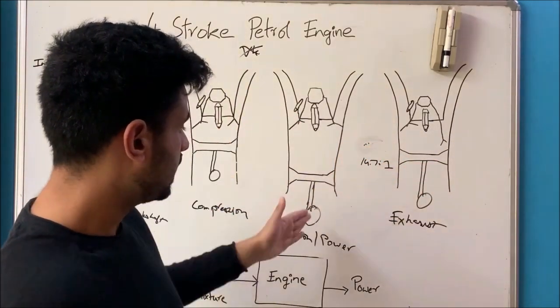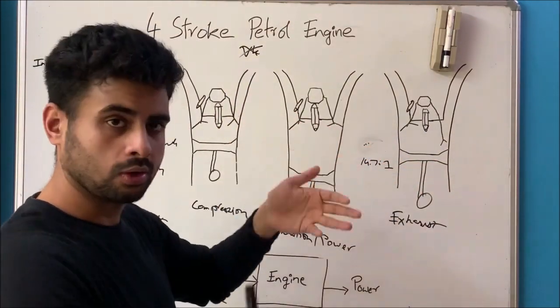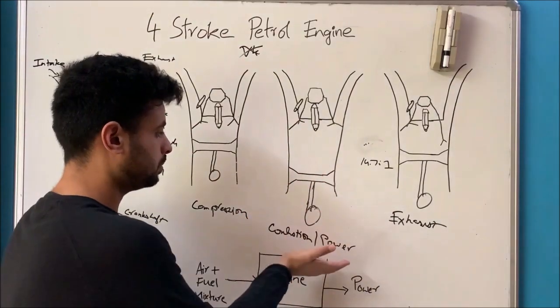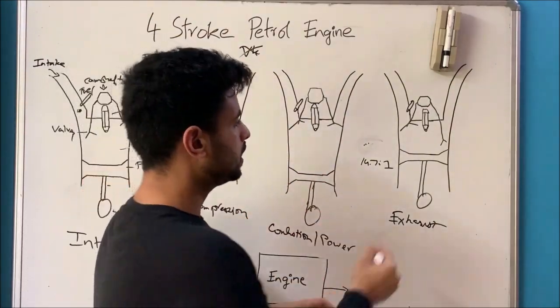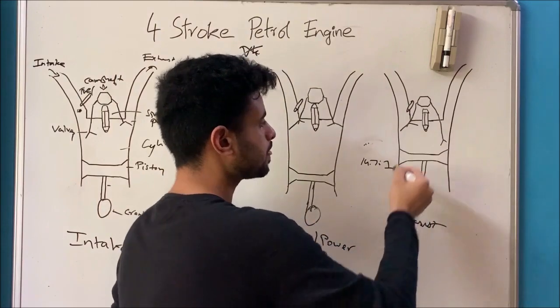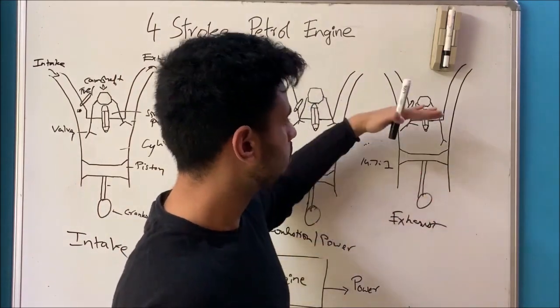So at the end of the combustion stroke, when the whole ignition thing happened, the piston was forced down. Now that only exhaust gases remain here, the piston comes back up.